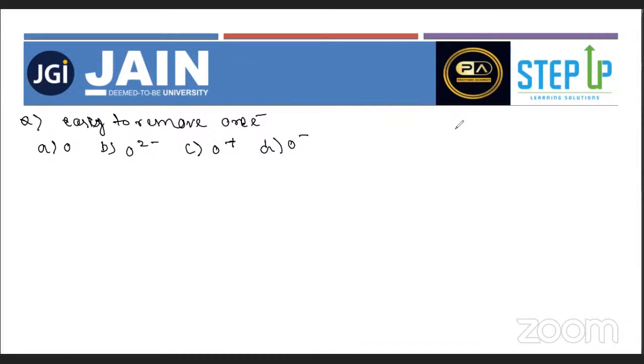So where electrons are more, that will be easy to take. Answer is B. Size is bigger, so it will be ready to lose it easily. Okay. Next.